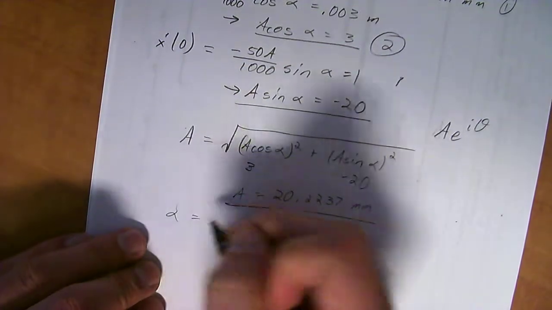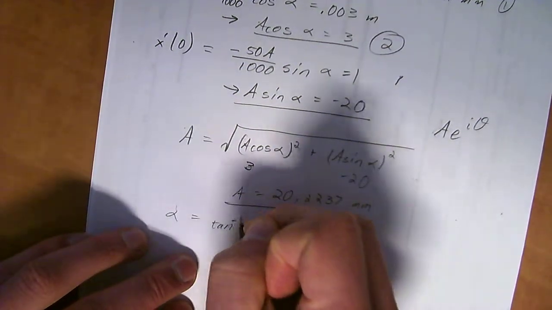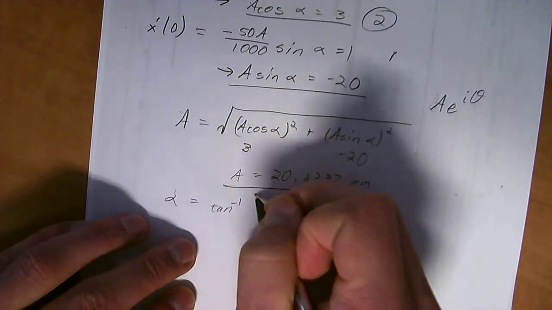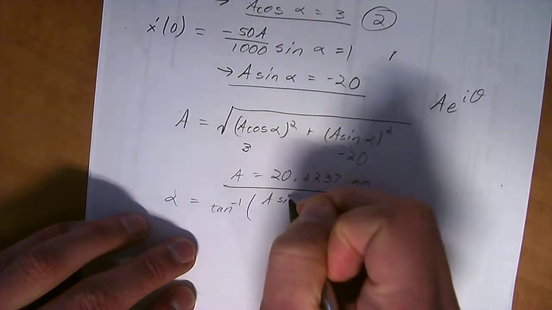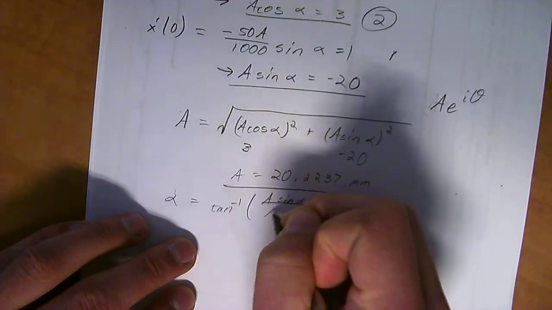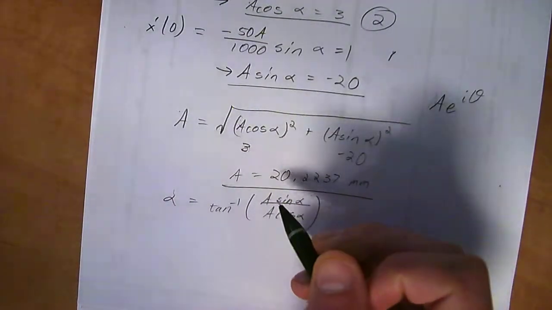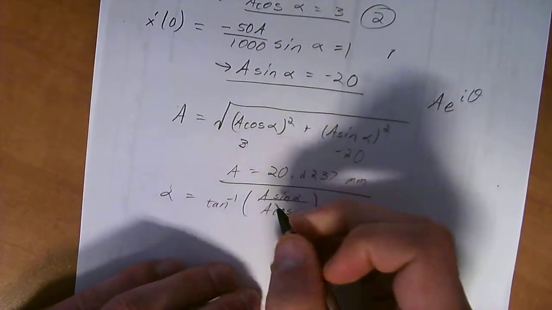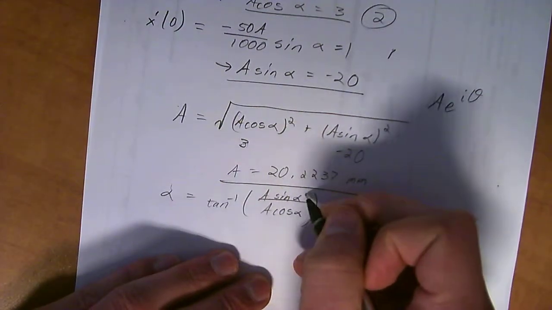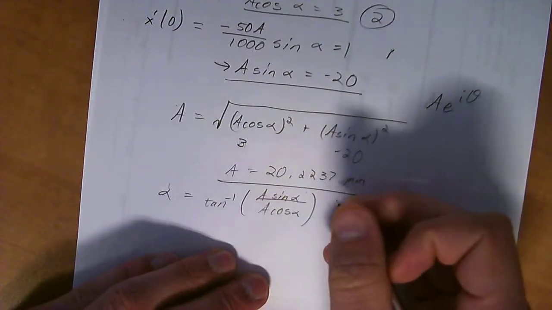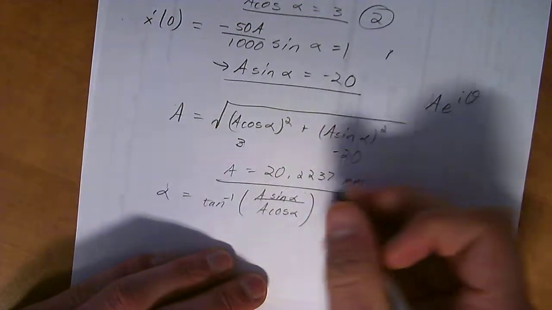Now, alpha, you use the inverse tangent of A sine alpha all over A cosine alpha. Okay, and again, you sub in the values for these, which are negative 20 and 3.